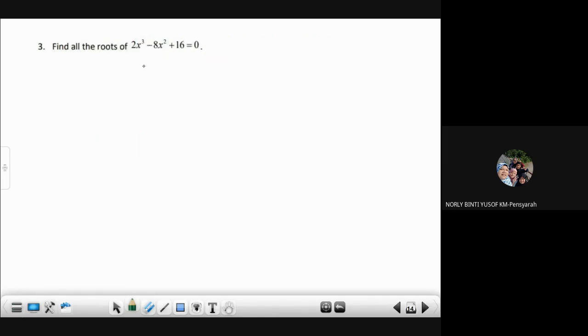Find all the roots of the equation. All the roots, ada 3 lah roots kan. Ni 2 kuasa 3. Okay, memanglah boleh tekan calculator kan untuk cari roots tu sebenarnya, sebab you ada polinomial kuasa 3 tu kan situ kan.